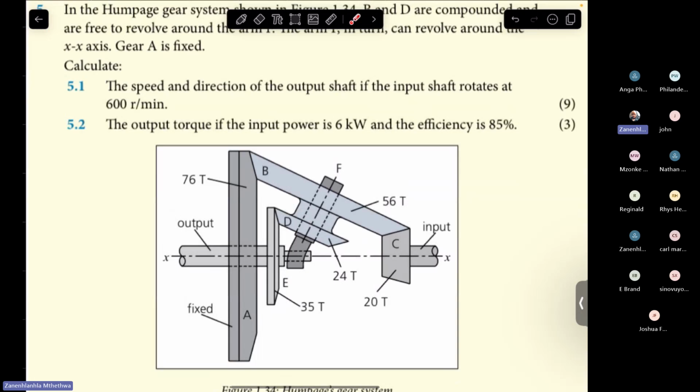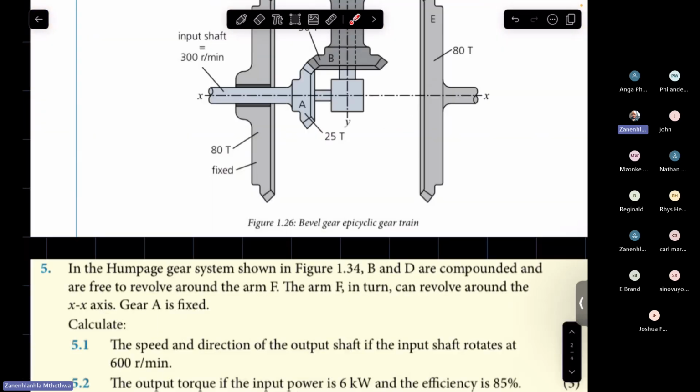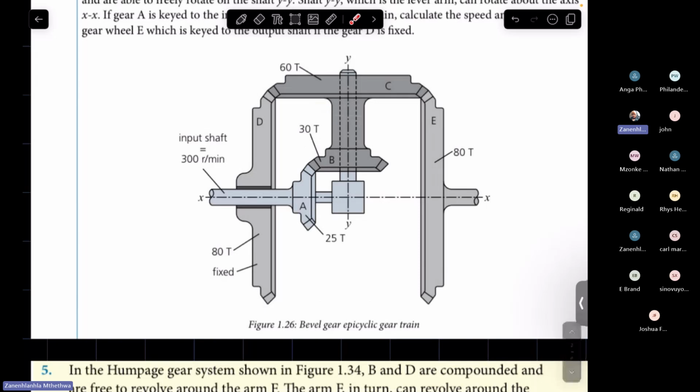I think, in fact, that's one of the reasons why, as far as exams, you are hardly ever asked on this. Because under bevel gears, they'll either have to ask you this case or this case, which we'll get to just now.